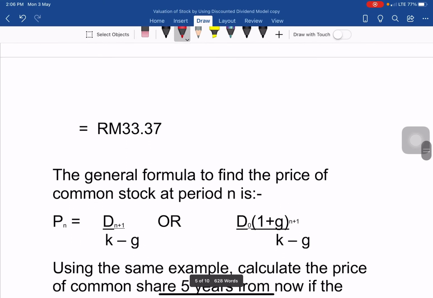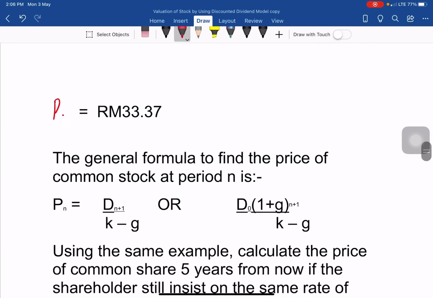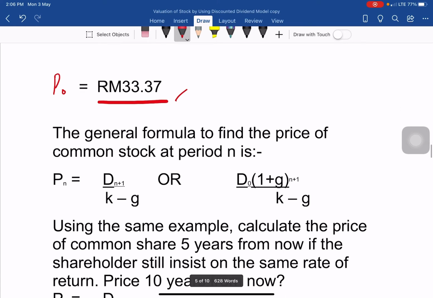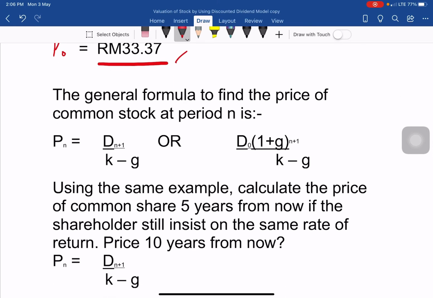Okay, so then we will get the intrinsic value of this stock today, which is RM33.37.